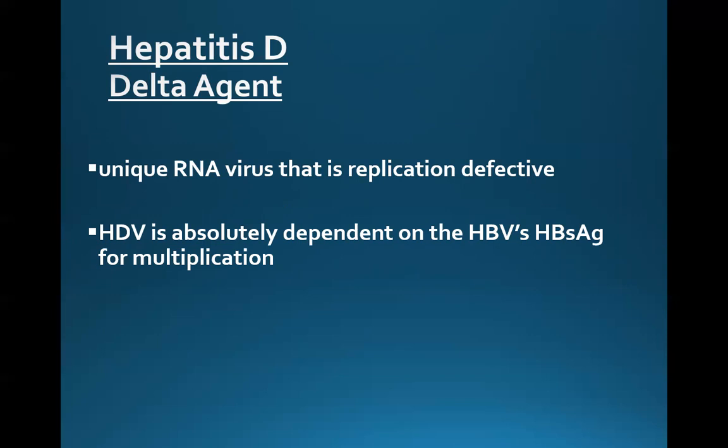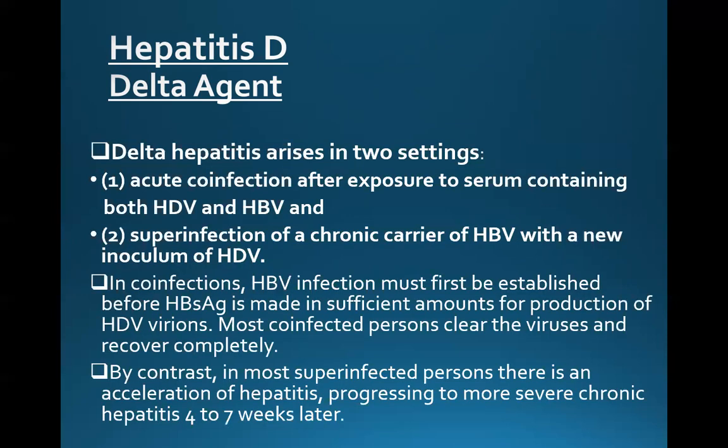So it can only cause hepatitis Delta infection if you have hepatitis B infection, either concurrently or remote. All right. So there are two scenarios when it comes to this. In the case of co-infection, let's say someone is unlucky and got both.